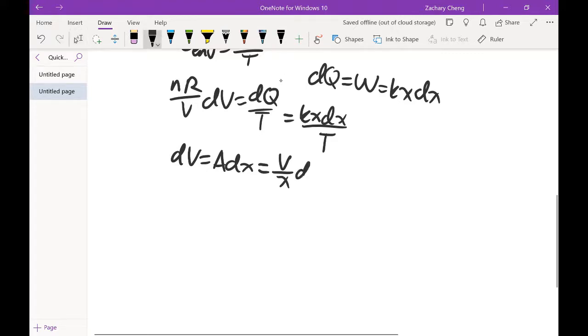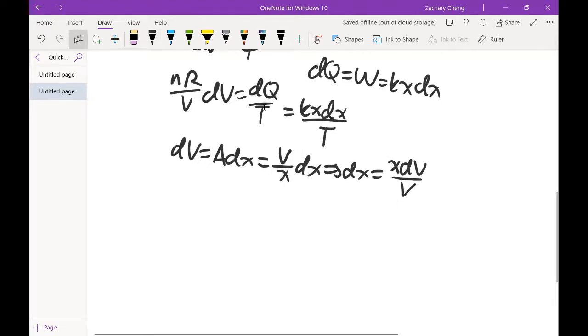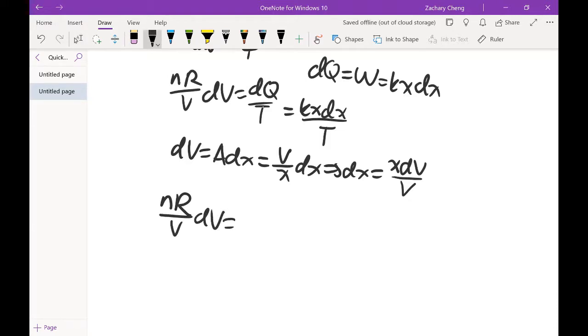So this is equal to V over x dx, which means that dx is just equal to x dV over V. So then we can just plug this back in. nR over V times dV is equal to kx squared dV over VT.